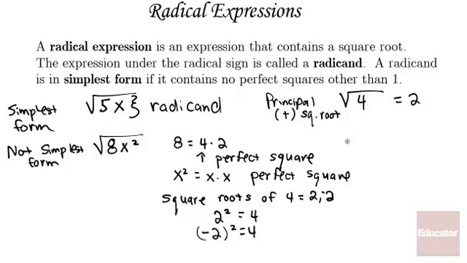If I were to be looking for the negative square root of 4, I would express it like this. You would take the square root of 4, the positive square root, because that's what the radical is telling you to do. Then you would add the negative to that. And this is the negative square root. So again, when you see a radical expression, it's referring only to the principal square root.